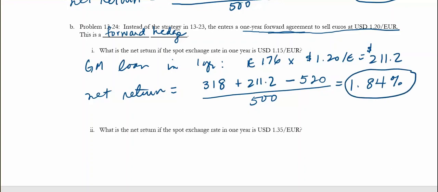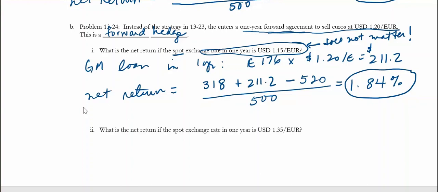So it actually didn't matter that the spot rate in 1 year is 1.15. We don't have to use the spot rate to convert our euros into dollars, because we have a forward contract that promises us that we can sell euros for $1.20 per euro.